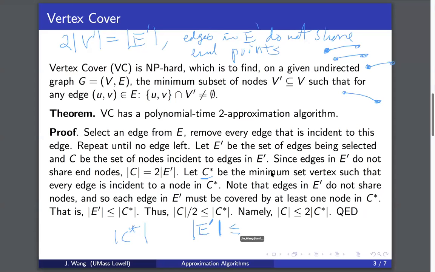That means the size of E prime is bounded above by the size of C star. Now we put this in. I call it C, the approximation value, which is the size of V star. So then we have 2C.